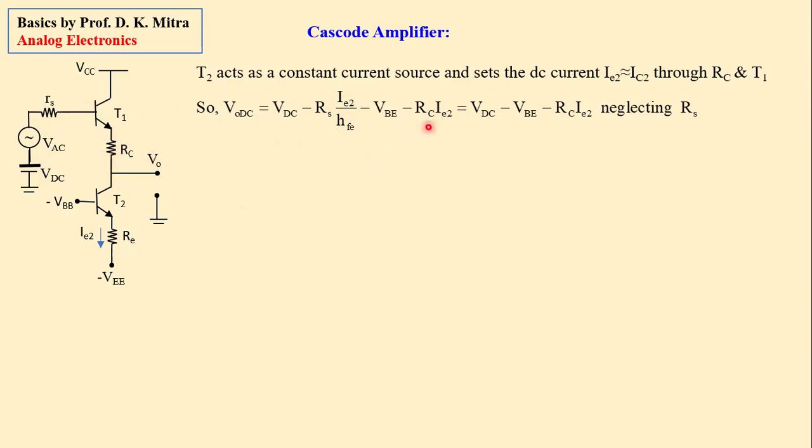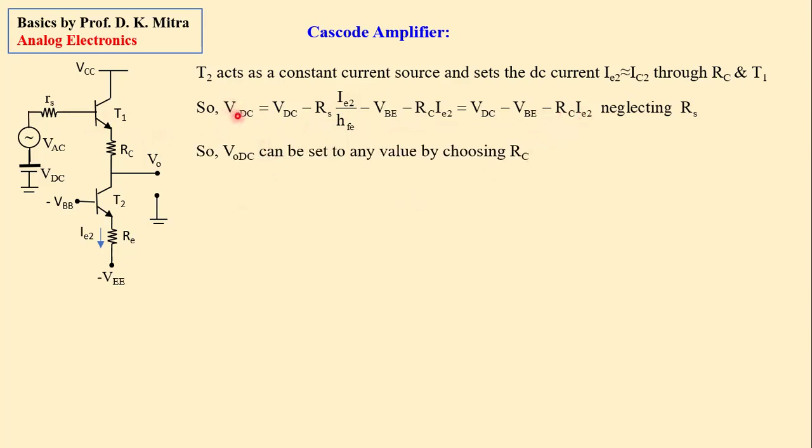Right? Now, this RS is often neglected with respect to RC and HIE, etc. If you neglect this RS, then what you have is VDC minus VBE minus RC IE2, right?